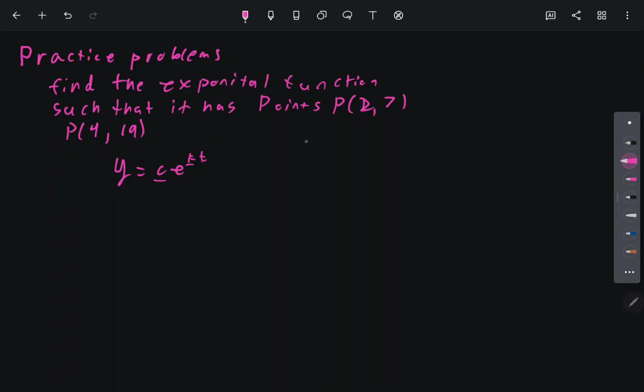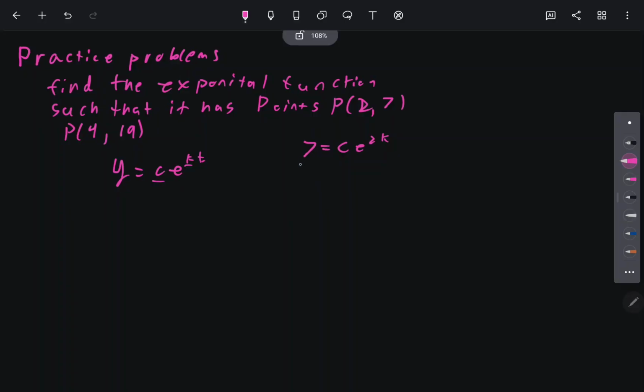So the first equation we're going to get is 7 is equal to c e to the 2k. We're also going to get the equation 19 is equal to c times e to the 4k.